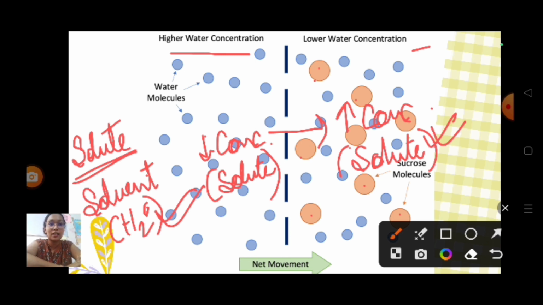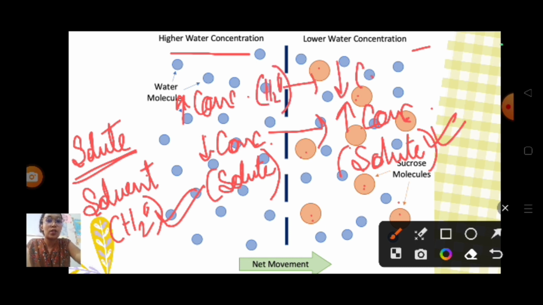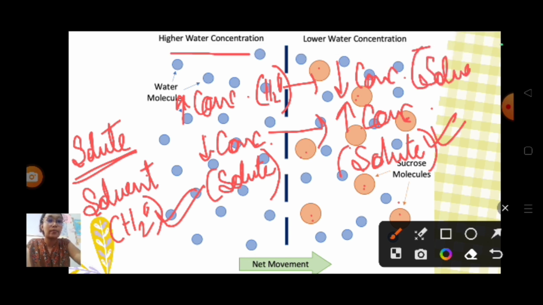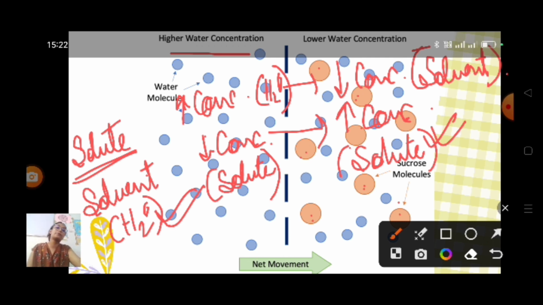Understanding? Or you can say the opposite also: the water will move from higher concentration of solvent, that is water, to a lower concentration of solvent. Understanding my point?